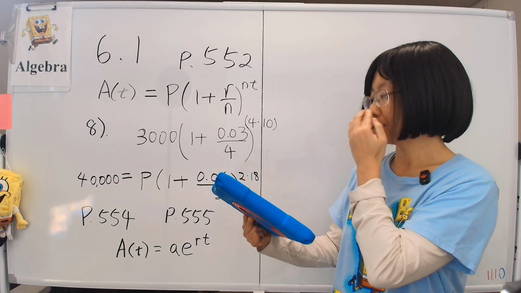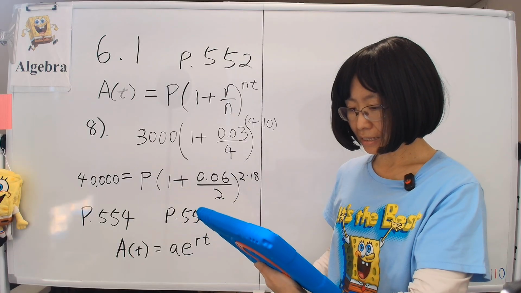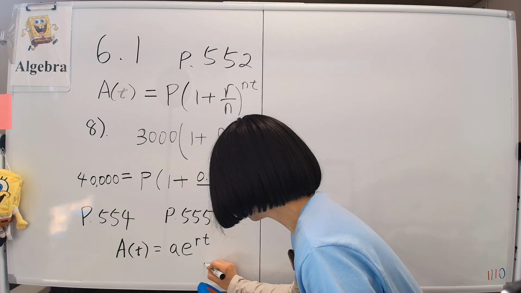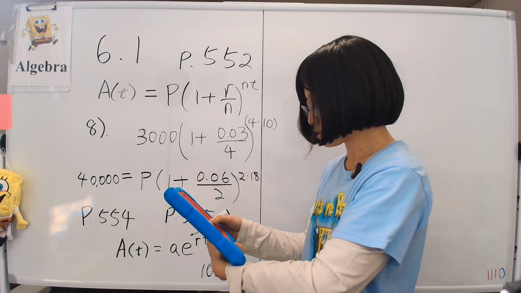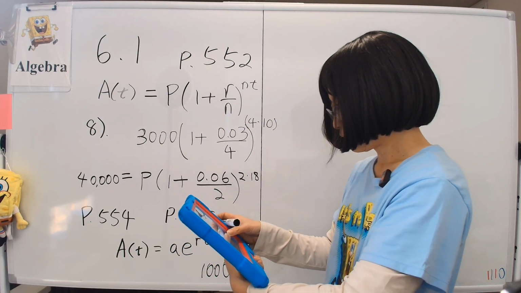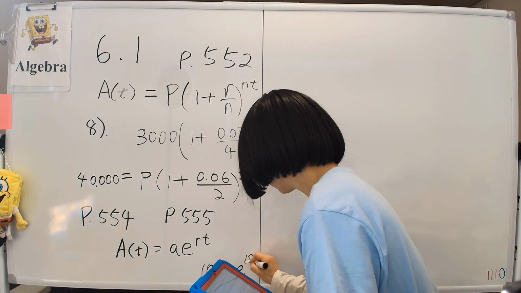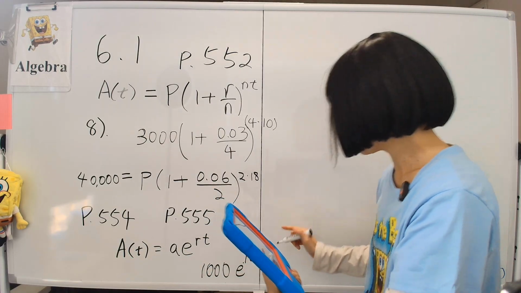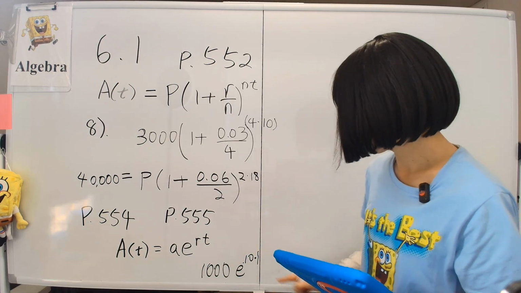A is the starting point, when T equals 0, and the principal is 1,000. So in this situation we have 1,000 times E to the rate, which is 10%, or 0.1, times the time, 1 year, so times 1, which is just 0.10.